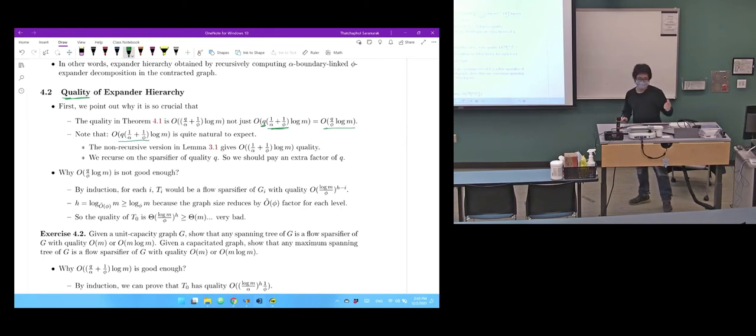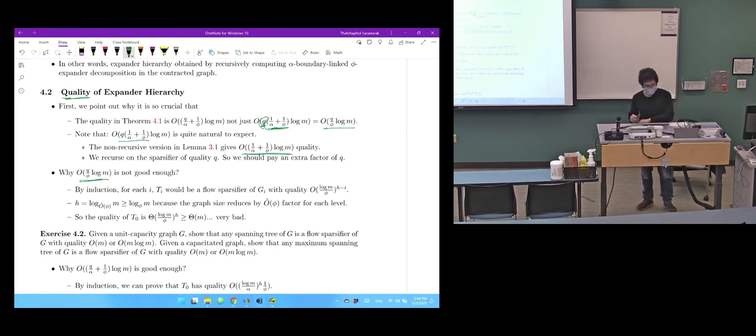You have a non-recursive version, which is the quality that we proved, and we recurse on something with quality Q. So it's natural that you pay a Q factor more multiplicatively. But let's see why getting just a Q factor times the quality that we had before is not going to be good enough.